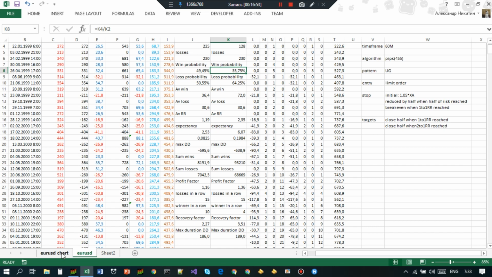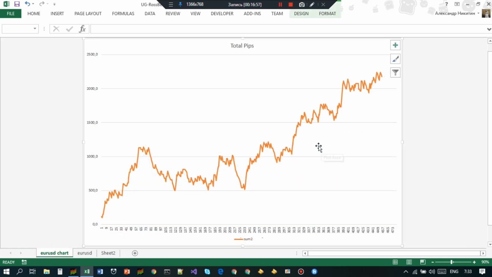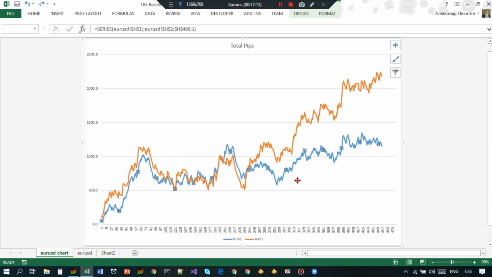So look at this. I will simply delete this. So you see, this is a professional trader's equity curve. Maybe not with these drawdowns. The drawdowns here are huge because I didn't do any filtering and I didn't apply any rules for time trading.